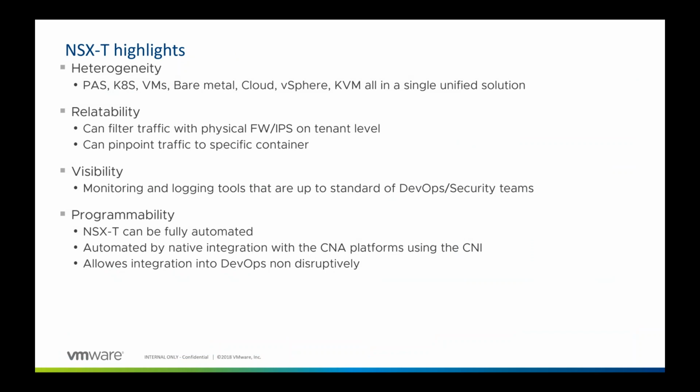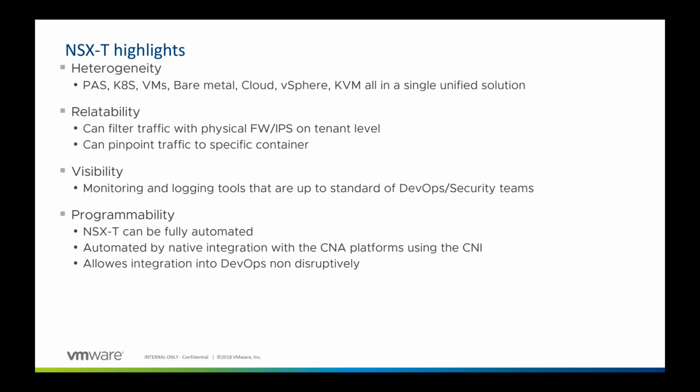So I'm going to go into the demos, and within those demos, I'm going to focus on four main benefits that NSX-T provides today that I'm pretty sure are unmatched in the market. The first thing is heterogeneity.